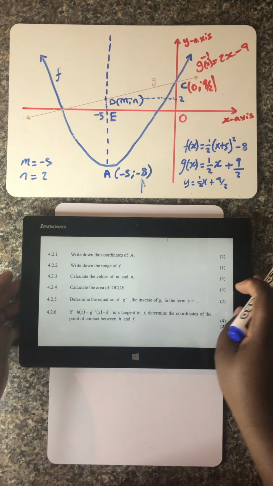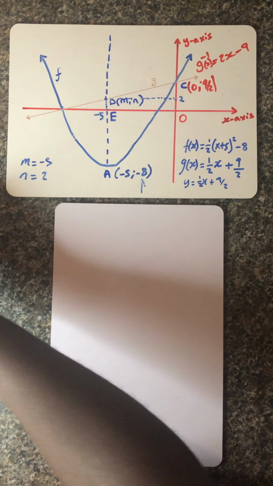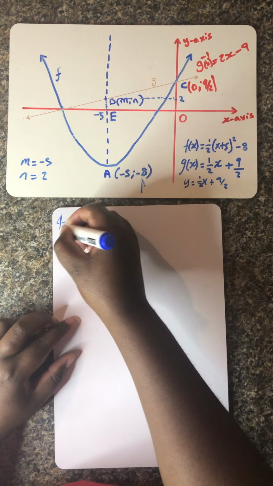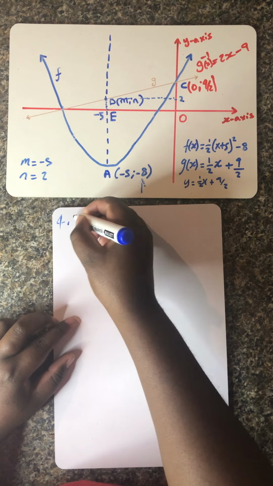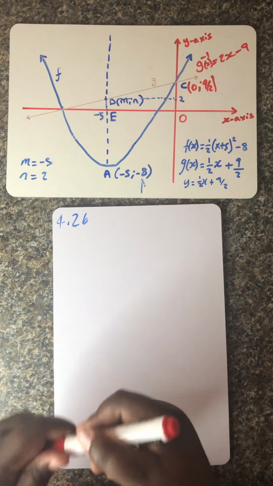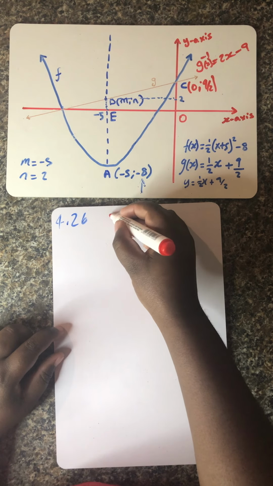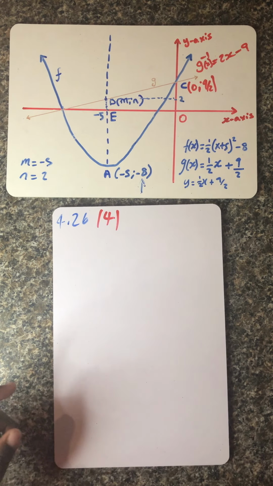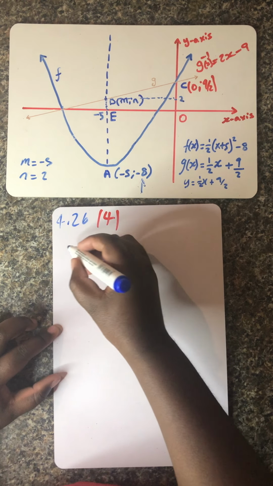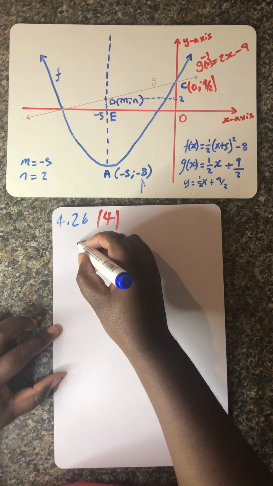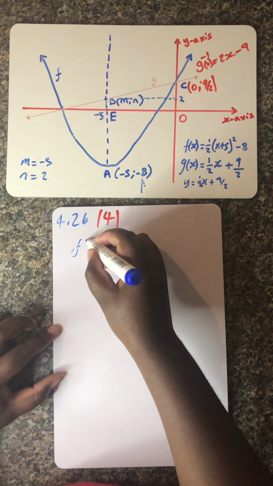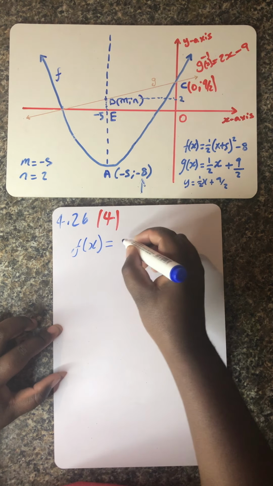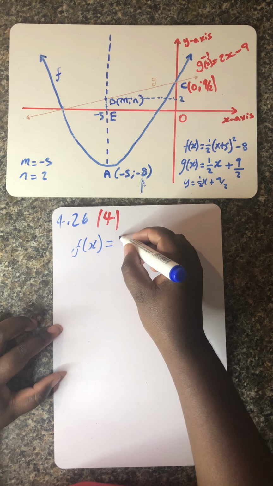Okay, so guys, from what I've just explained to you, this is 4.2.6, and this question is allocated 4 marks, right? So from what I've just explained, that means f of x is equal to h of x.